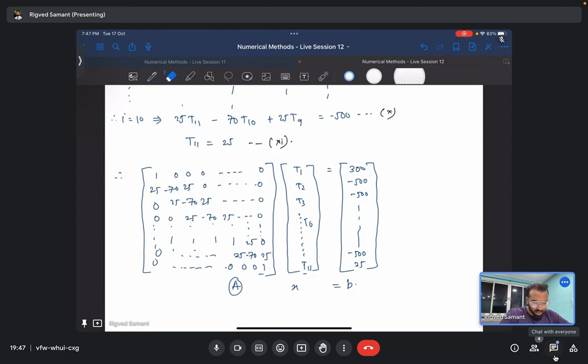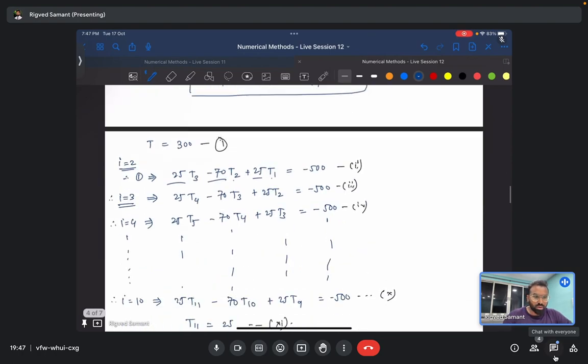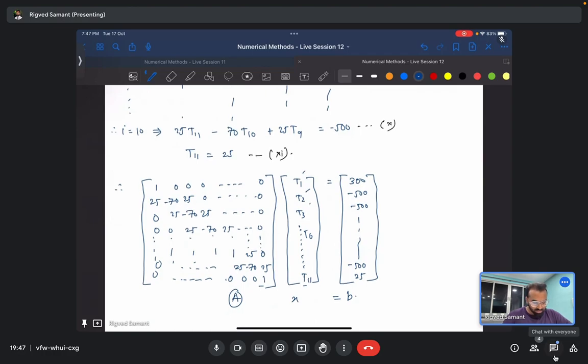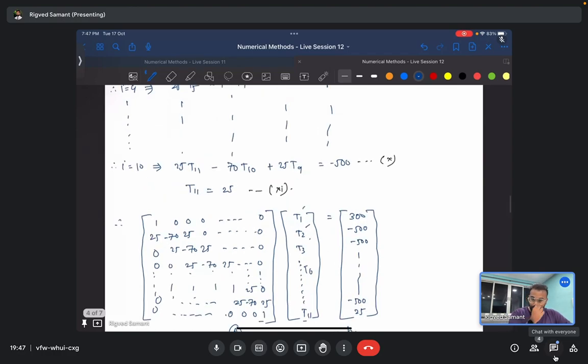After using that you will get all values T1, T2, T3, T4, T5, T6. Whatever value you require, you can get from this. So this is how you solve a boundary value problem using finite difference. Okay. Any doubts here?